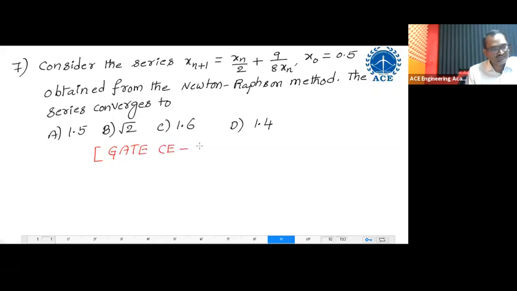GATE Civil Engineering 2007. This problem can be done in two different ways. I will let you know both methods.